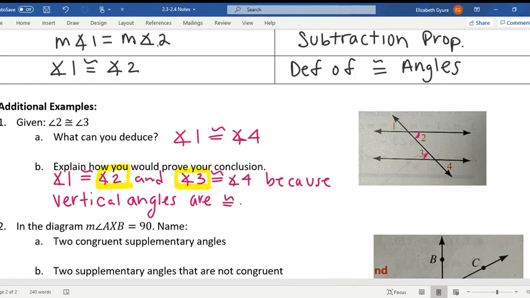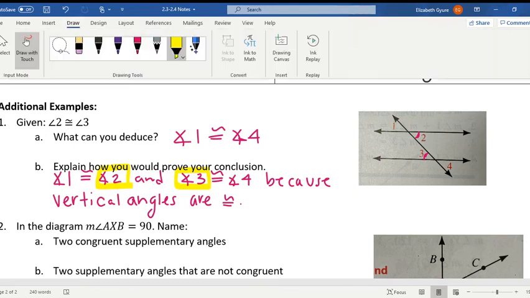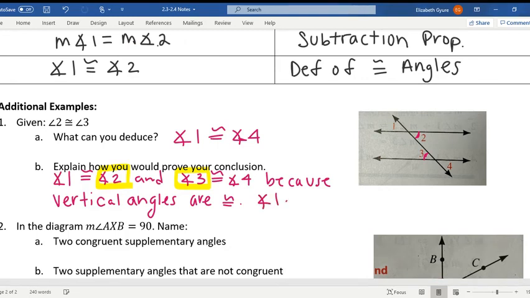And if two things are congruent to the same thing, they're congruent to each other. And so angle 2 and angle 3 would have to have the same measure here if they're congruent. So we can conclude that 1 is also congruent to 4. So then we're going to say angle 1 is congruent to angle 4 by the transitive property.